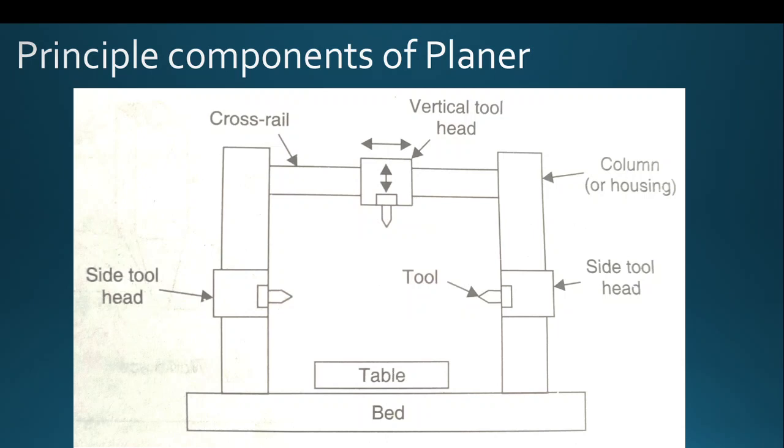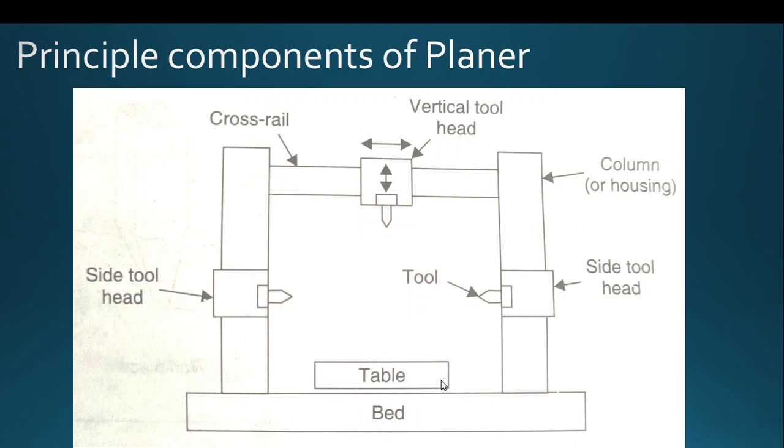And this is a short look at the principal components of the planar machine. The planar machine's principal parts are, first of all, the bed, a strong casting which houses all the moving and static parts of the planar machine. Just above the bed we have the reciprocating table. Above the bed we provide the V bedway.